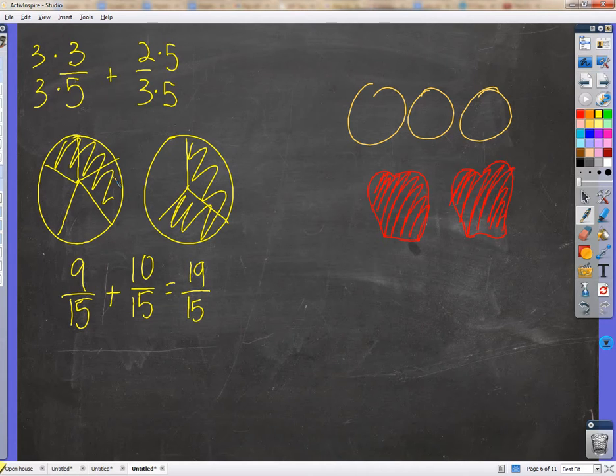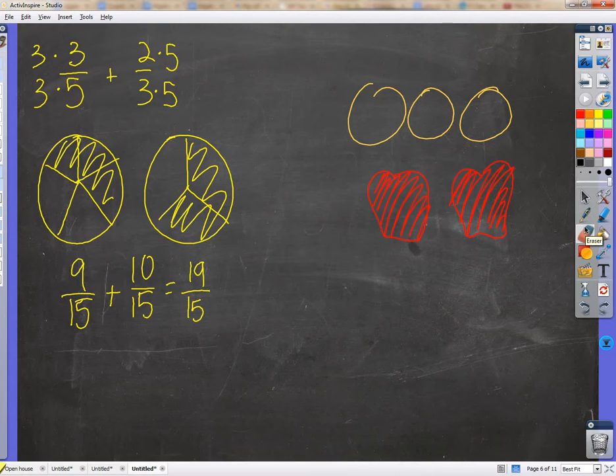Because they're the same? Sometimes things are the same when you do that. The denominator represents what makes a whole. How many pieces make a whole? You want to maintain that information throughout the whole problem, and say at the end, we have 19 of those 15th size pieces.